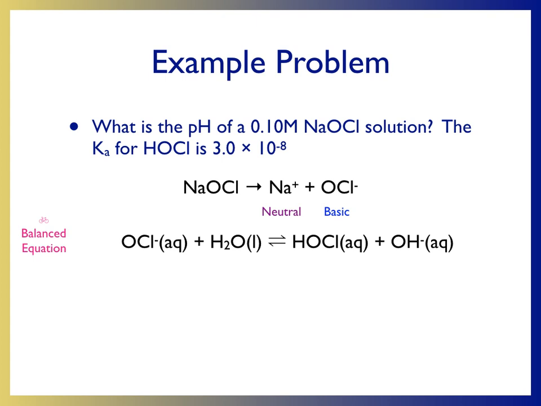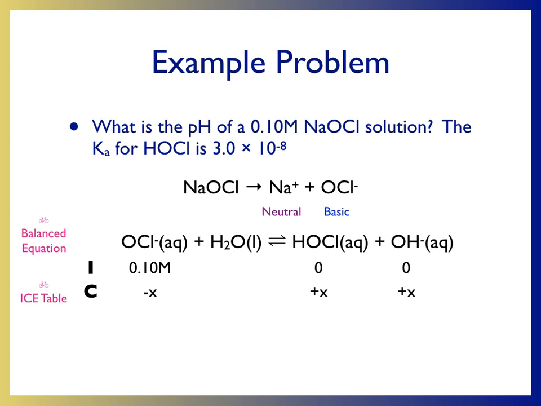The next step is to create an ICE table. Our initial concentration of hypochlorite is 0.1 molar. Before hypochlorite undergoes hydrolysis, we will have no hypochlorous acid or hydroxide ion in solution. Each active species in the equilibrium will change by an increment of x.